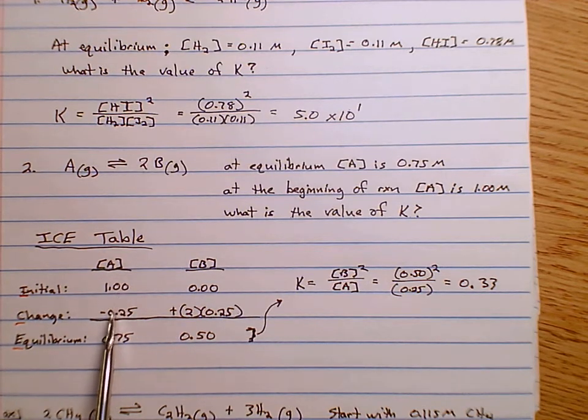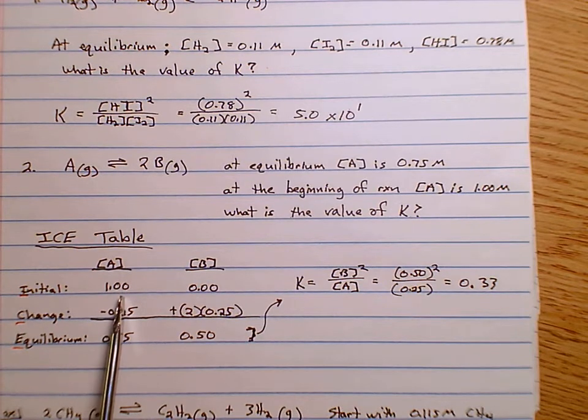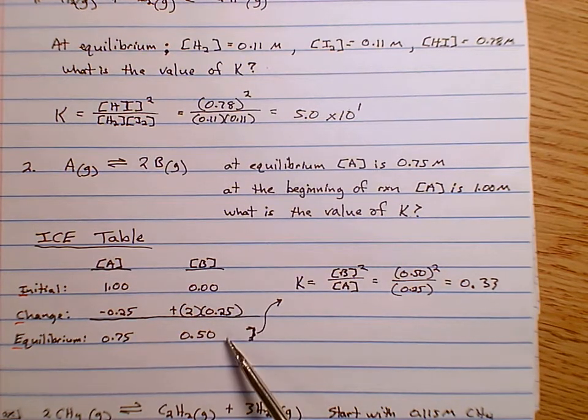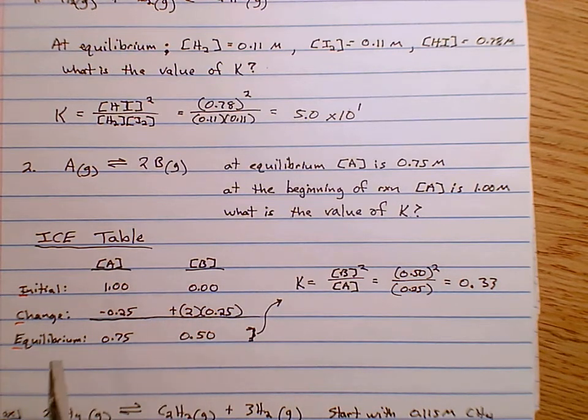Equilibrium is just taking the initial plus the change. What is 1 plus negative 0.25? That is 0.75. What is 0 plus 0.5? That is 0.5. So now, through this ICE table, we know at equilibrium we have 0.75 molar A. Well, heck, we were told that.